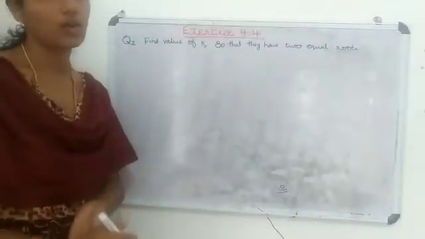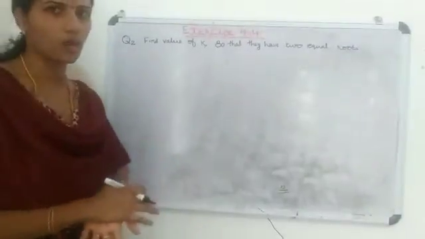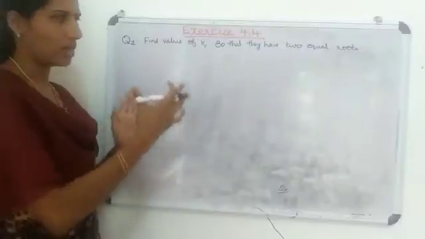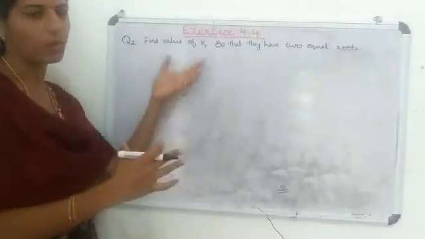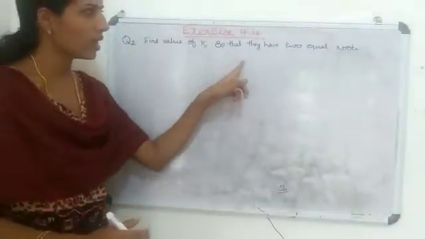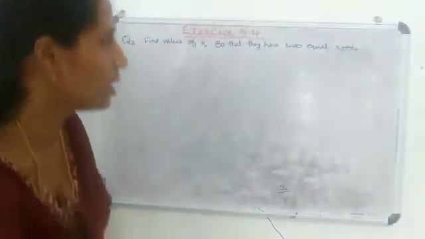The first question you can do, that is finding the nature of roots, that we have already discussed. These are some different methods, so I am going to discuss this. Question number 2: find the value of k so that they have two equal roots.